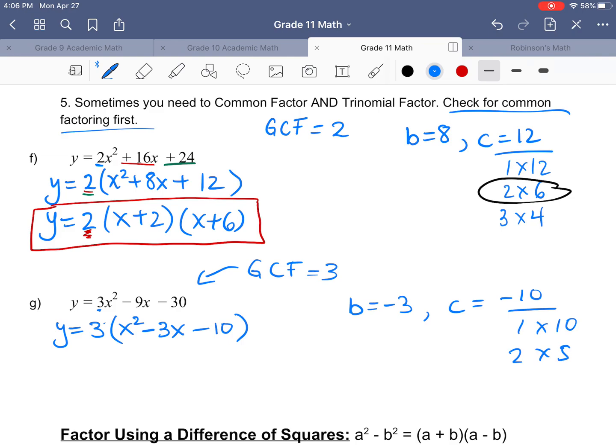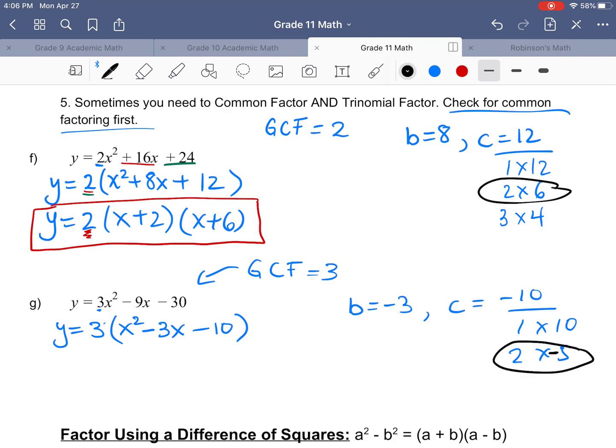So we only need one of each pair to be negative in order for them to multiply and give us negative 10, right? So negative 1 times 10 would give us negative 10. So if we go down to 2 and 5, we're going to make 5 negative, because 2 times negative 5 gives us negative 10.